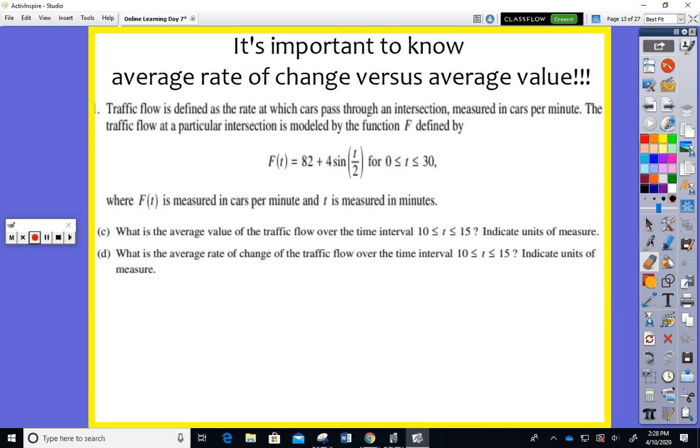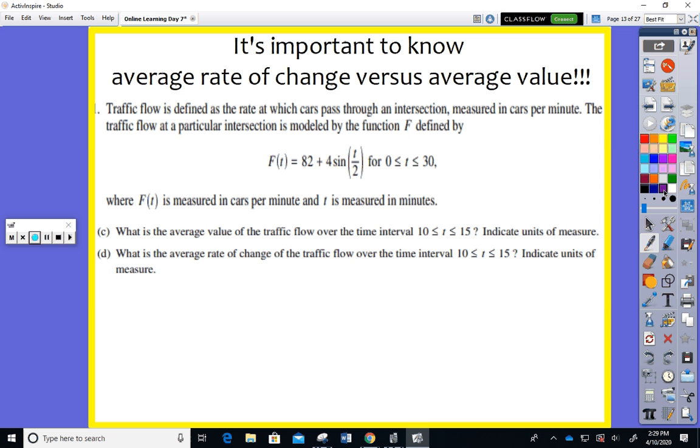So this is, again, I've just picked out AP problems that we've done before that I need to make sure you've got some exposure to. So this being number 1 means it would have been a calculator problem, so you'll see me use my calculator. In fact, it might be smart to go ahead and put this function f of t in y sub 1. So I'm going to get my graphing calculator out. I hope you do too.